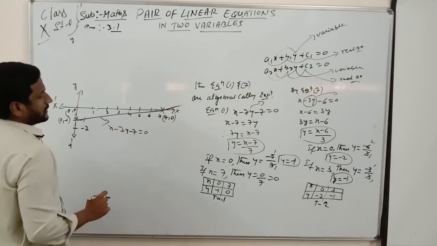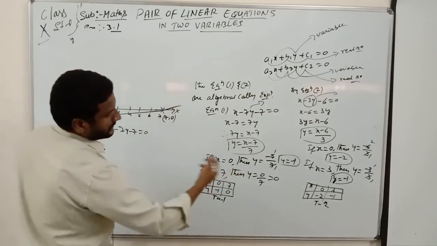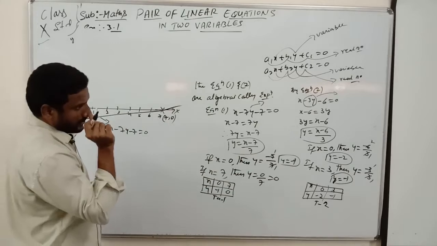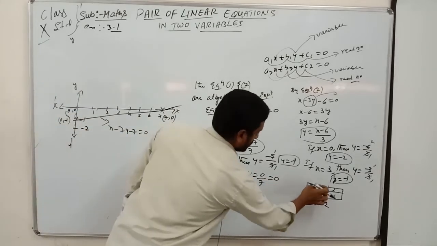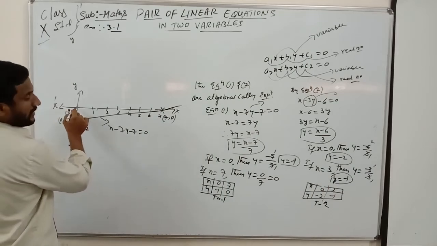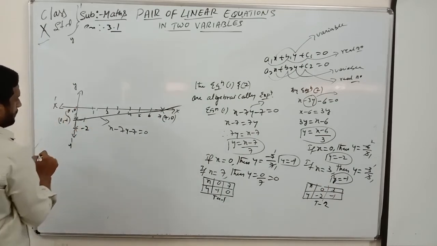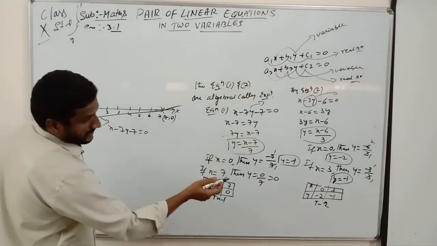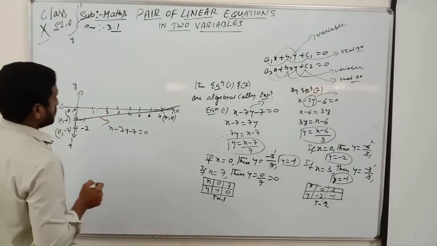Now take the other table. What is the x value there? The x value is 0 and the y value is minus 2, so the point comes here. Next, x value is 3 and y value is minus 1.